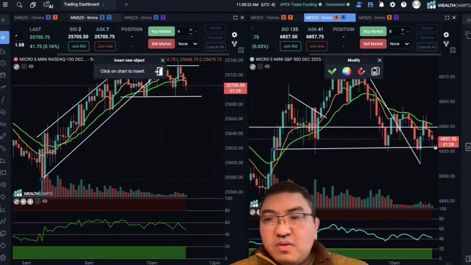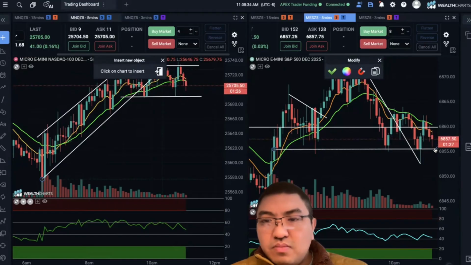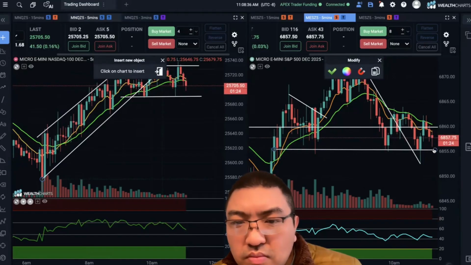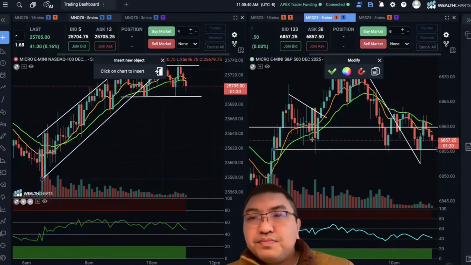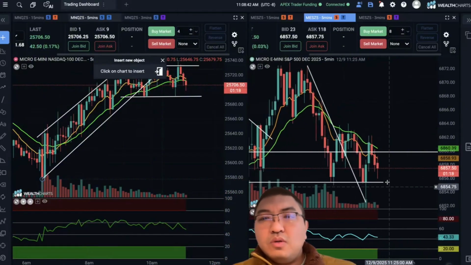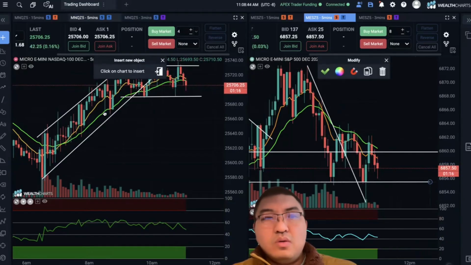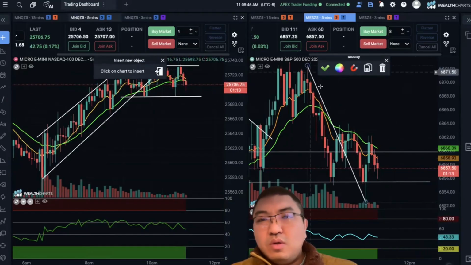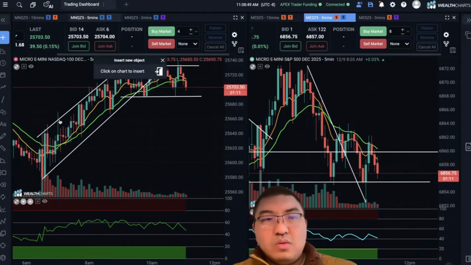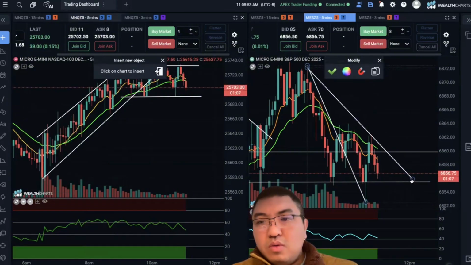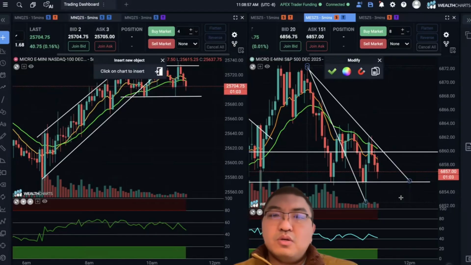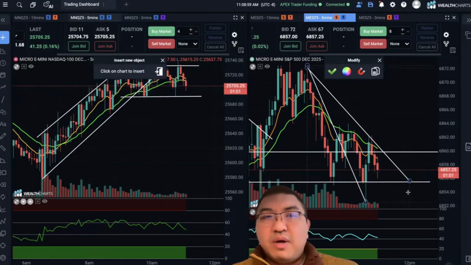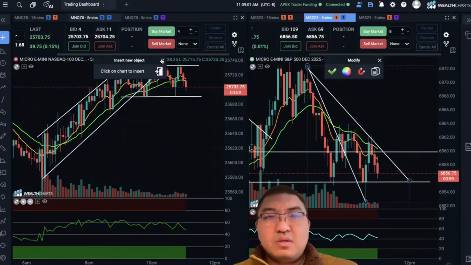This is the defense. This looks like another triangle. It's going to bounce back, something like this.